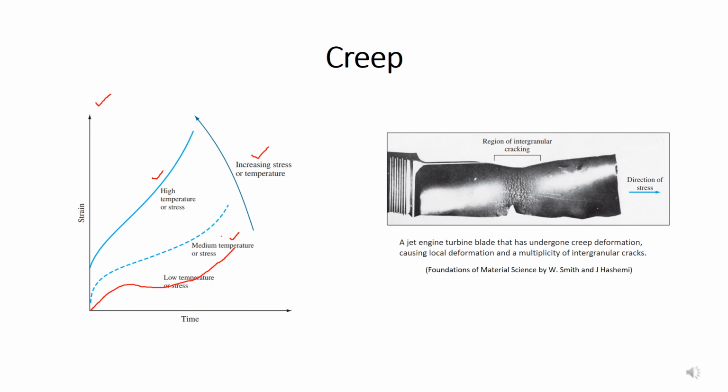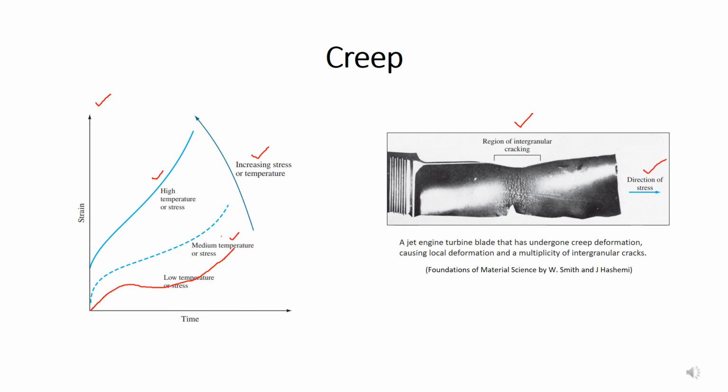This diagram shows a jet engine turbine blade which has failed due to creep failure, and the creep failure has occurred due to intergranular cracking, meaning crack propagation along the grains, and this is the direction of the stress.